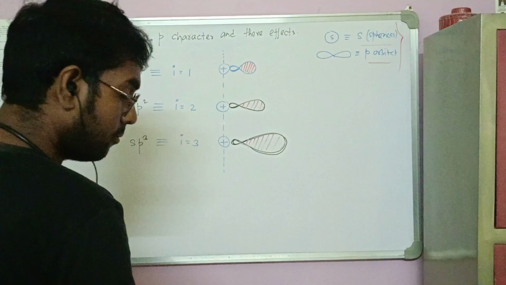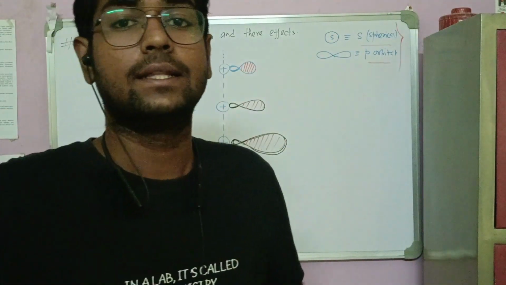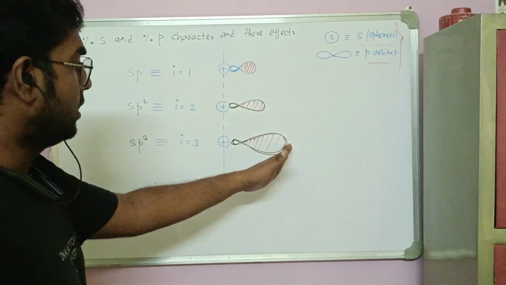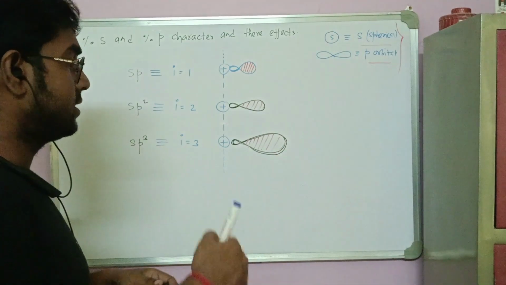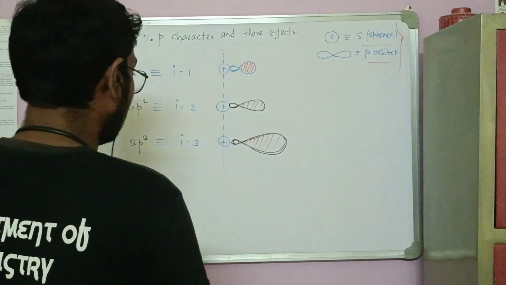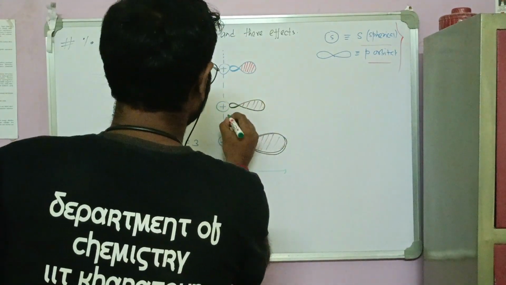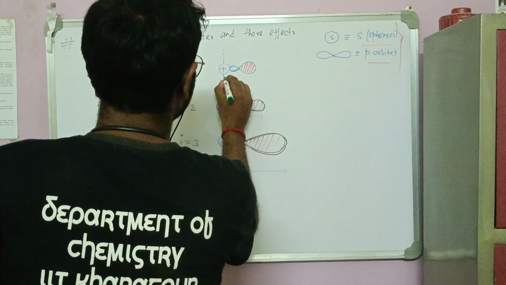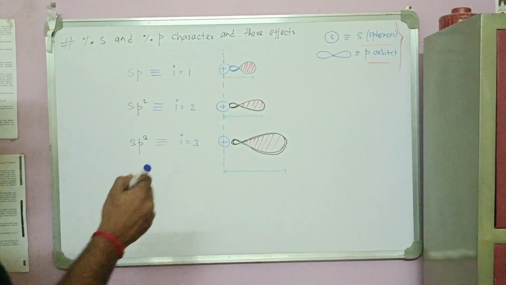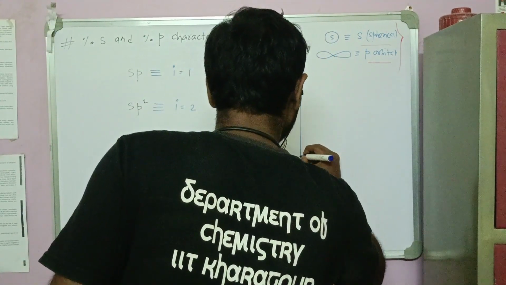Now if we discuss bond length, what is the definition of bond length? You can see from sp to sp2 to sp3, the electron cloud is getting shifted far away from the nucleus. So for sp3 this is the bond length, for sp2 this is the bond length, for sp this is the bond length. So we can see that upon increasing the percentage of s, bond length is getting decreased.